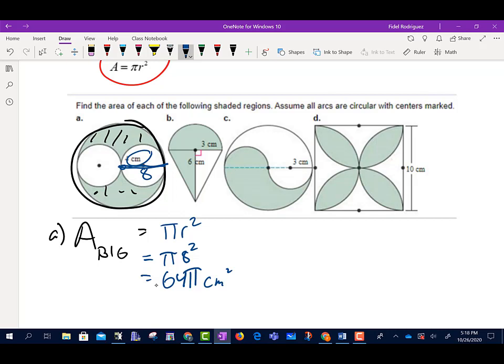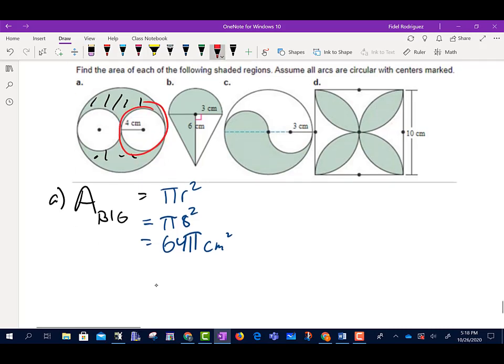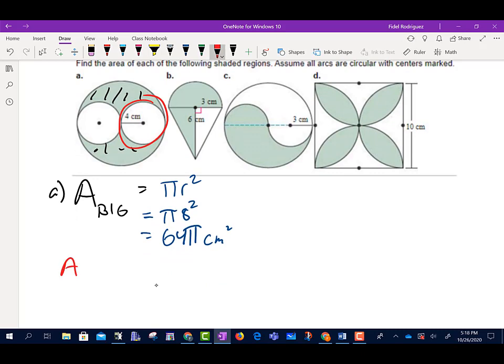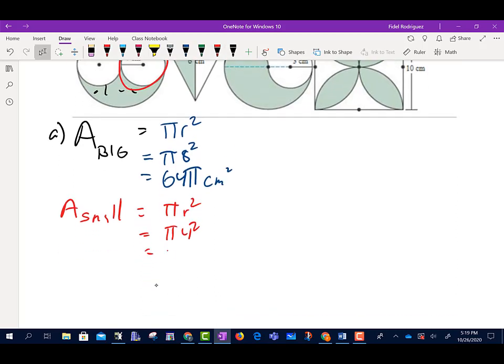Now let's see if we can find the area of the smaller circles, like those right there. The area of the small circle is again pi r squared. R in this case is 4, so pi times 4 squared, which is equal to 16 pi centimeters squared.